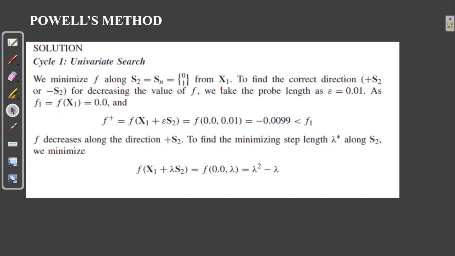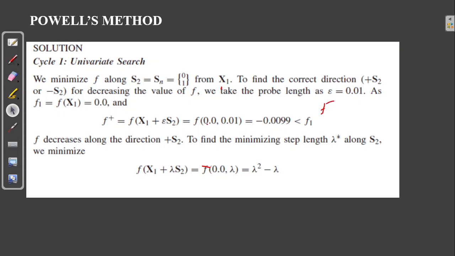Whether it is plus S2 or minus S2, we have to check. For that we consider a probe length epsilon equal to 0.01, evaluate f of x1, then evaluate f plus and f minus also.